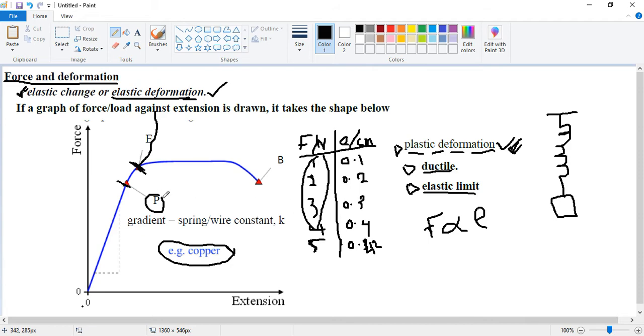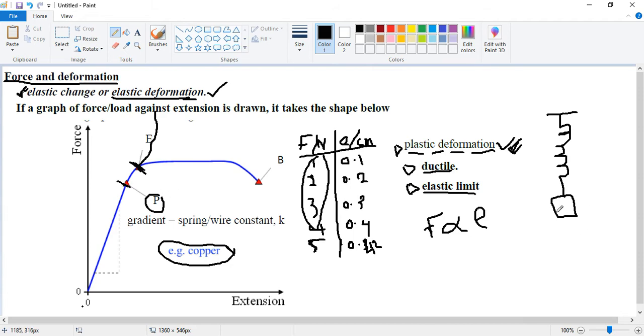And I mentioned that point P is actually called the proportionality limit. Point E, I called it the elastic limit, or the limit of elastic behavior. And it should always come beyond P.